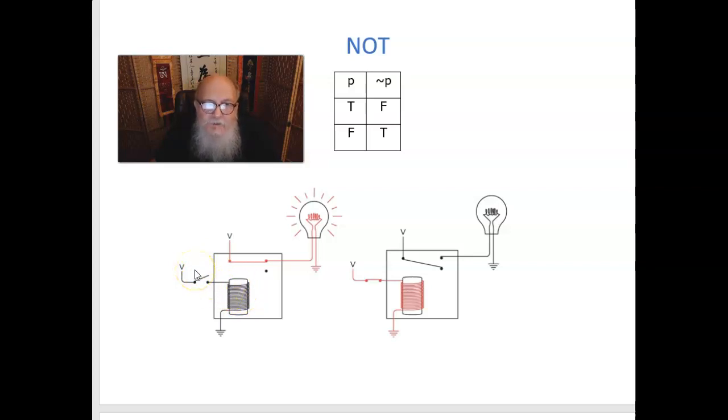So when this gate is false, it turns into true. False is true. Now, if you make this gate true, it turns the magnet on, pulls the gate down, and the light goes off. And so true, then false; false, then true.